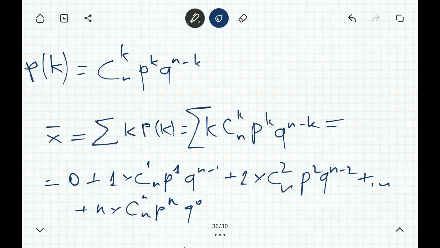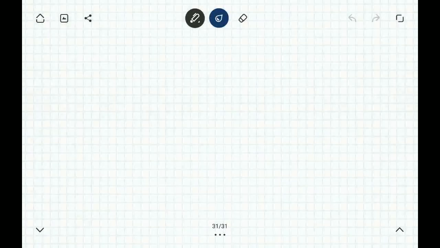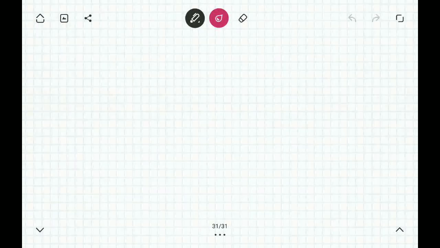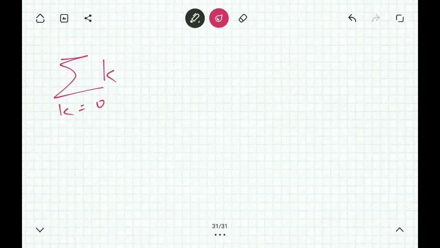So if we sum it up, we will get our mean value. And now, that's the homework for you. Start with this thing, where k ranges from 0 to n, C(k, n), p to k, q to n minus k.